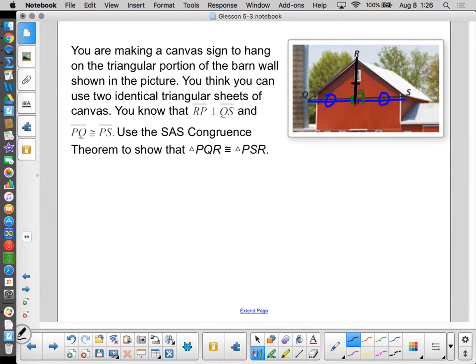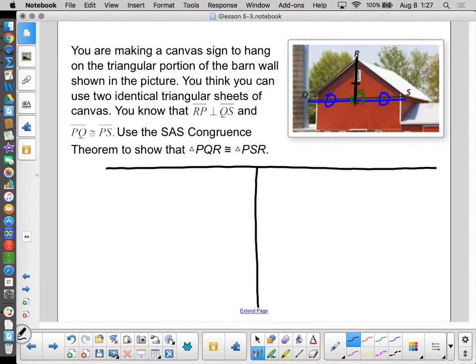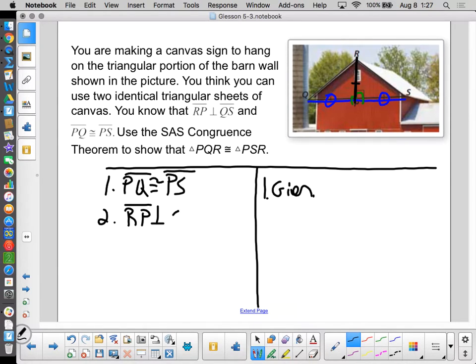Okay, so how do we prove that? Well, a little bit tricky, but not too bad. Start with our given, PQ congruent to PS. We're also given that RP is perpendicular to QS. Now, how do we get from perpendicular to right angles? Two pairs of right angles.